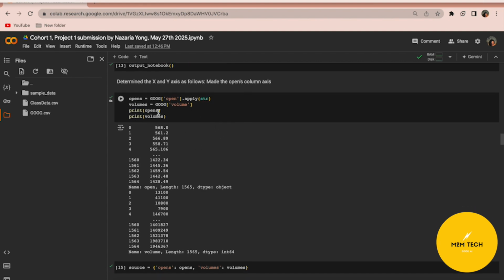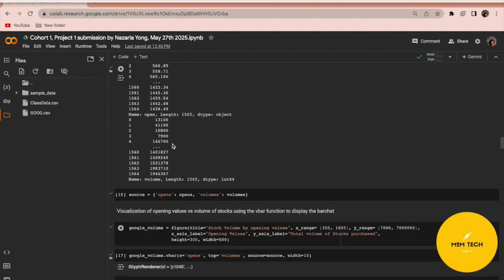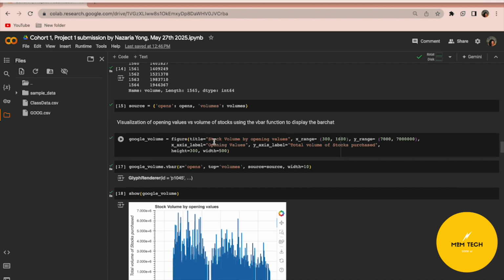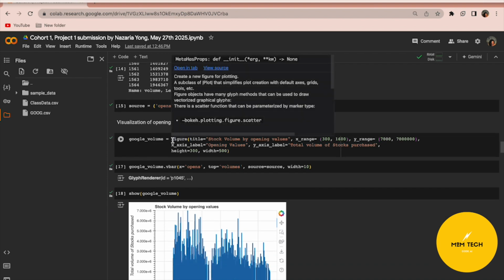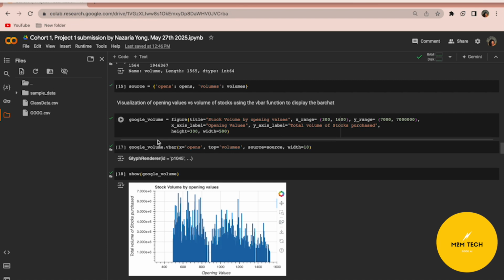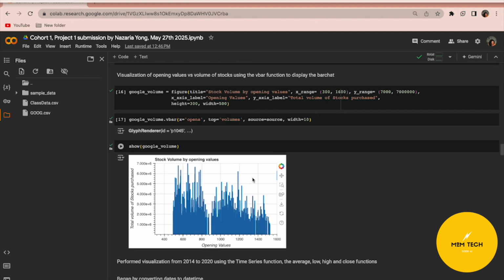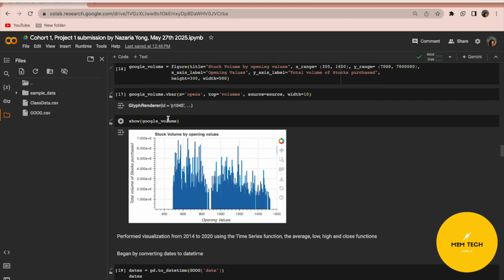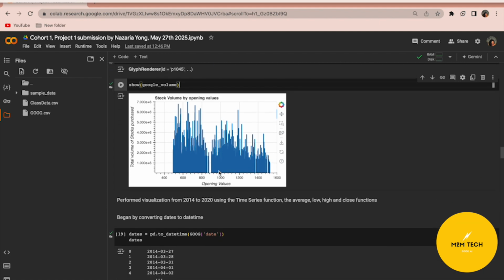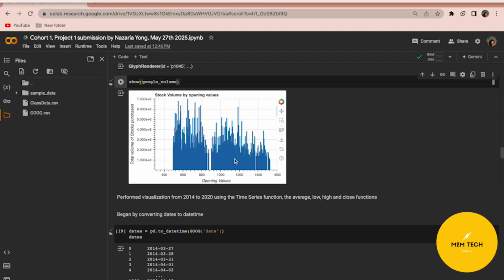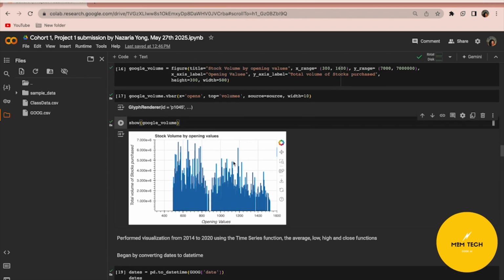So I printed the open and volume data. I created a source for them, and then I used the figure function, and I decided to use the bar chart to visualize this. And so when I called up the figure, here is the graphic that I obtained, which is the bar chart.